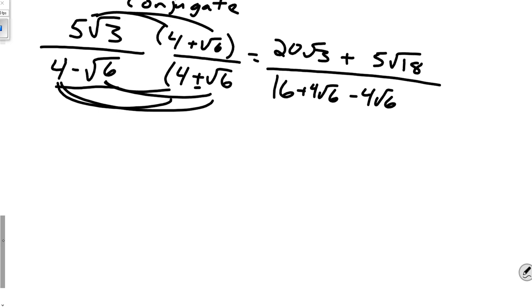What's root 6 times root 6? Square root of 36 is just 6. Now, positive 4 root 6 and negative 4 root 6, what are they going to do? Right, they cancel out.